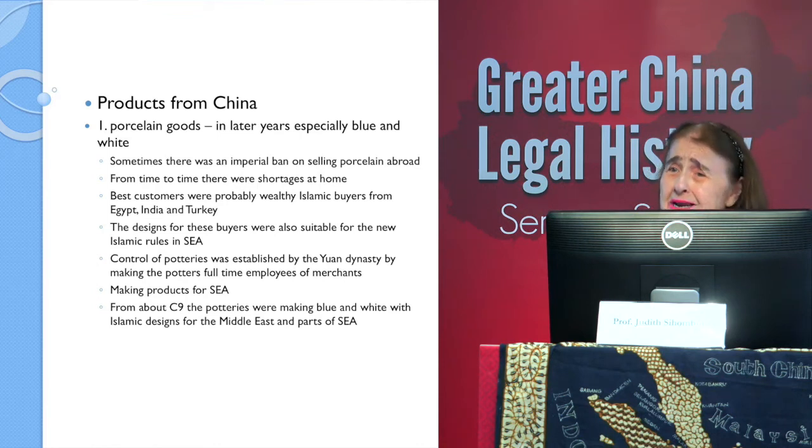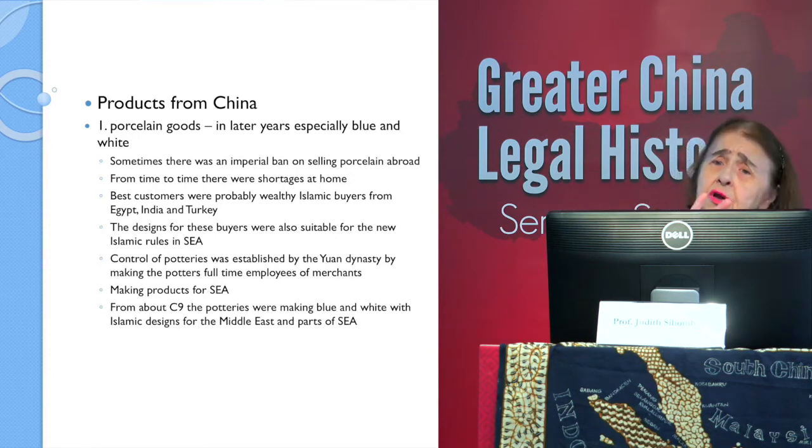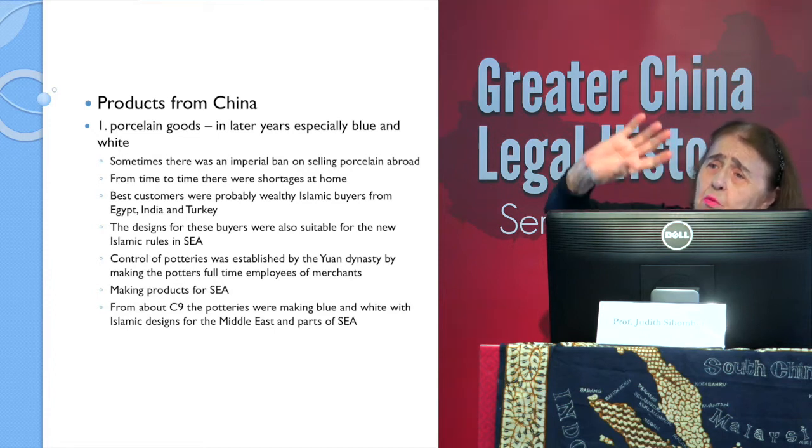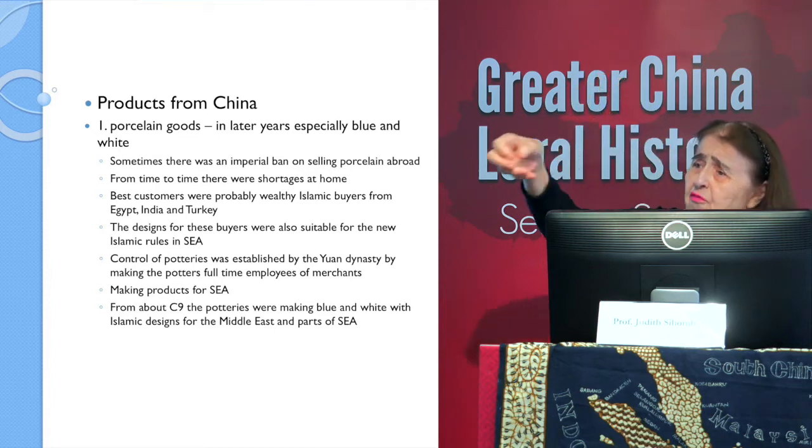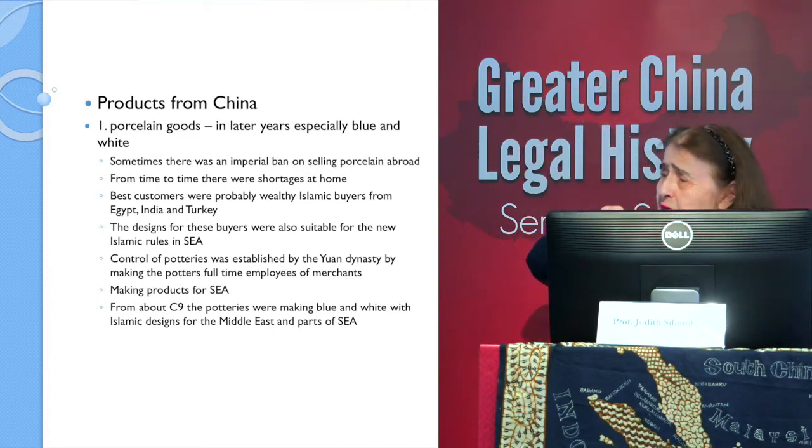Best customers in the early years, Egyptians, Indians, and the Turks. They were Islamic, and the blue and white utensils were shaped in the way that the Islamic required for water carrying, for food and things, finger cleaning and what have you.